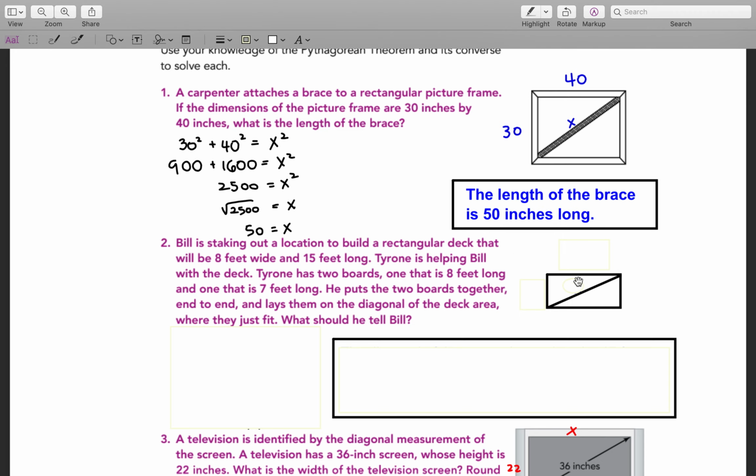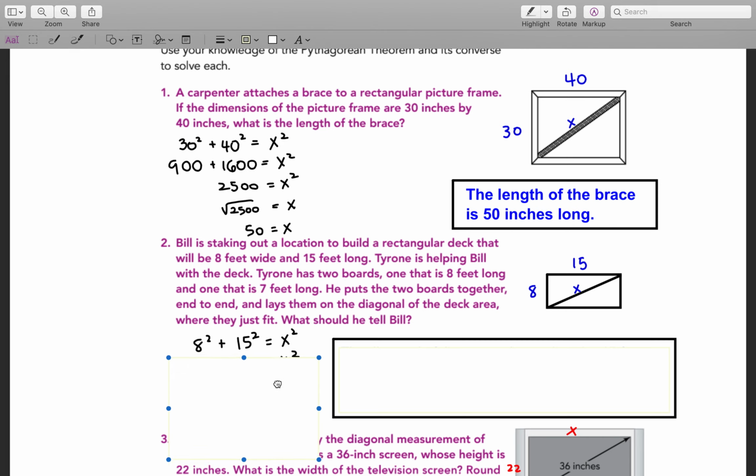So let's just label it again. I drew this rectangular shape right here, and we can label this as 8 and this is 15, and we're looking for the diagonal x right here. So we have this right triangle. So we would set it up like this. 8 squared plus 15 squared is equal to this hypotenuse, which is x. Okay, so x squared.